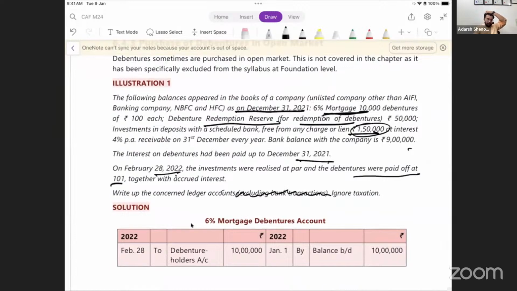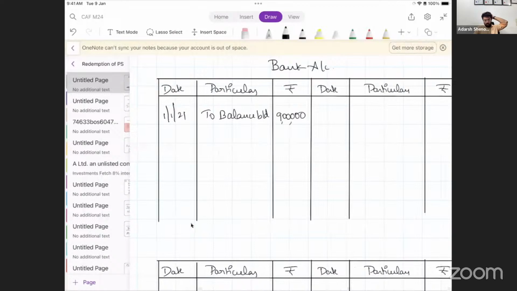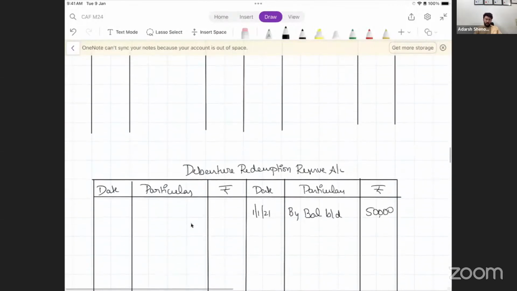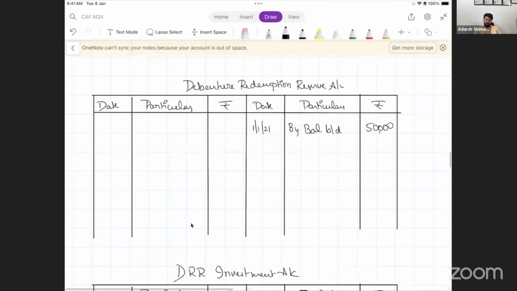Okay. Now before I go to do the redemption, I will check whether DRR and DRR investment are sufficient, in both accounts. DRR should be 10% since there are debentures. 10% is 1 lakh, it is only 50,000, so immediately I will put additional DRR here. The entry is profit and loss account debit to DRR account, right?